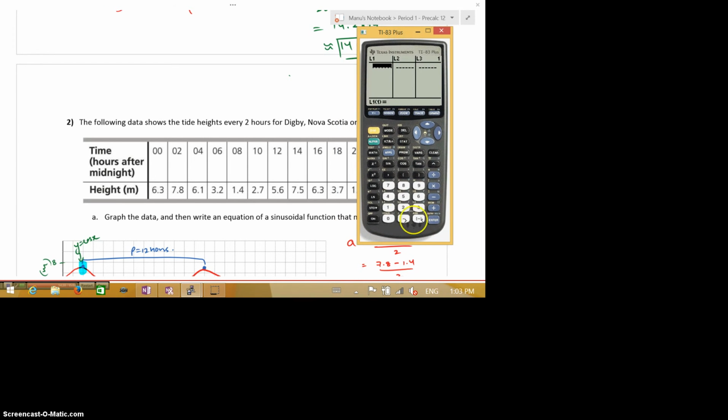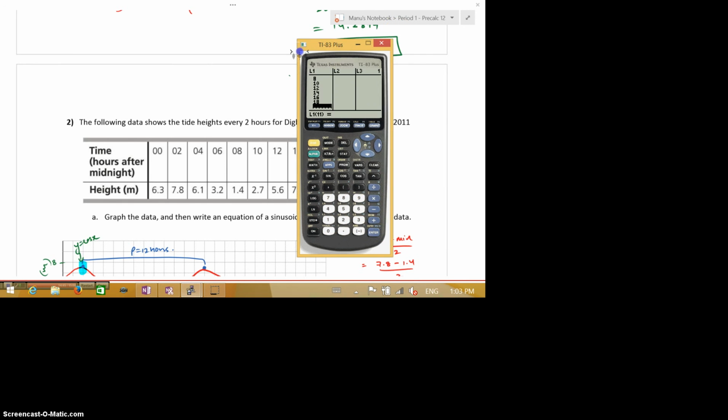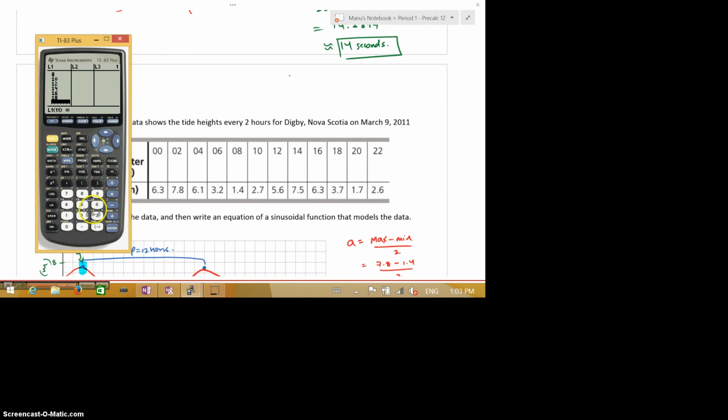The x values are 0, 2, 4, 6, 8, 10, 12, 14, 16, 18, 20, 22. Scroll over to the right, enter the corresponding y value. With 0, it's 6.3. Number 2 is 7.